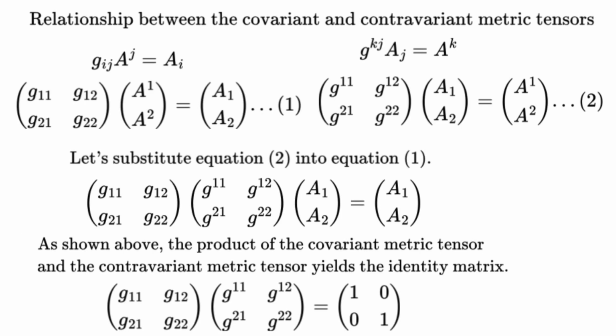Relationship between the covariant and contravariant metric tensors. Let's substitute equation 2 into equation 1. As shown above, the product of the covariant metric tensor and the contravariant metric tensor yields the identity matrix.